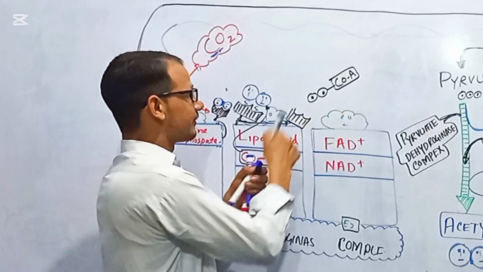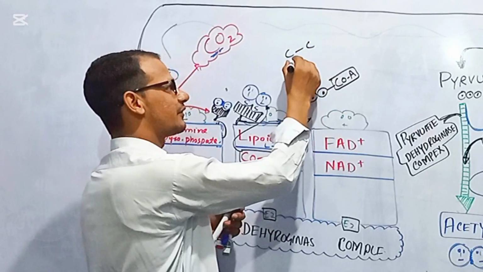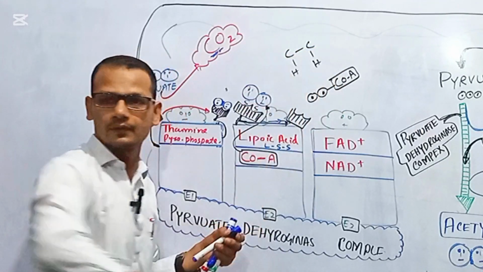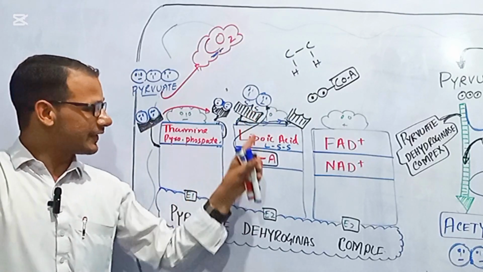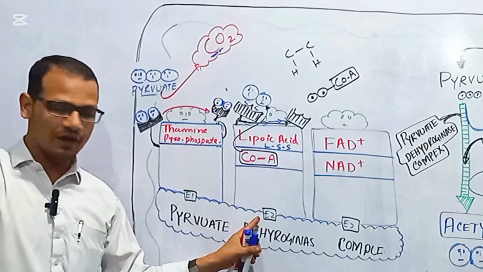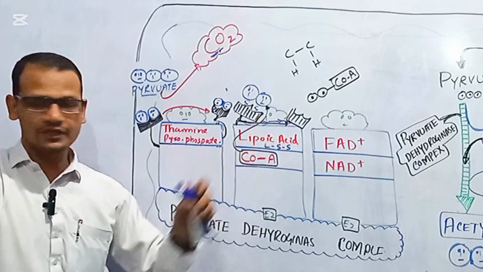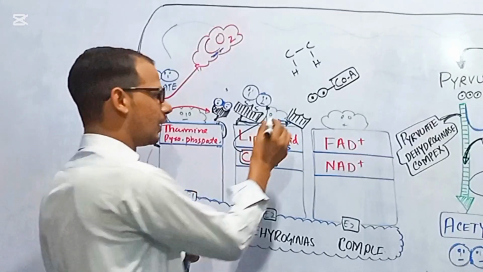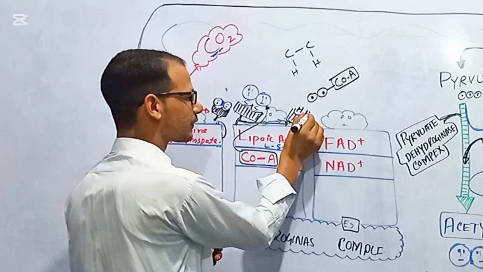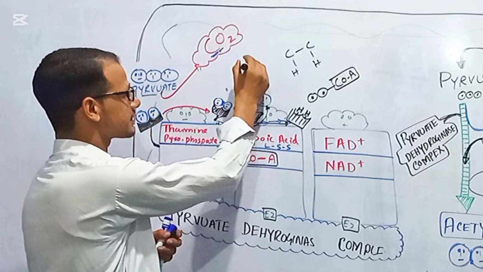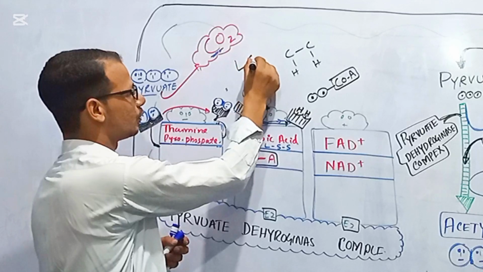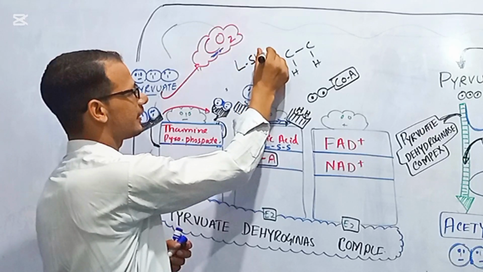When these carbons, for example, these are the 2 carbons, they already have hydrogen, but when they take this coenzyme A from E2, they lost their 2 hydrogen, and now these sites have 2 hydrogen, and now this LSS is converted into LSHSH.